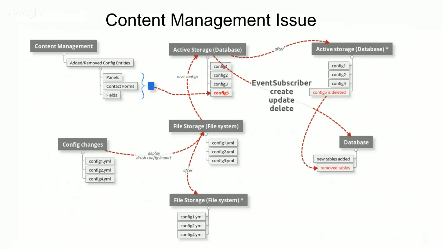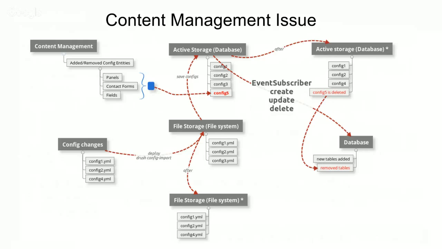But when your site is on production and you have content managers who have access to create panels, contact forms, fields, and some other config entities, there is a state in the system where active storage can contain configs that are not represented in file storage.